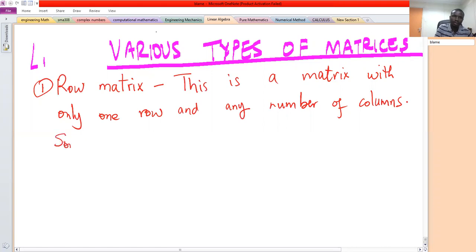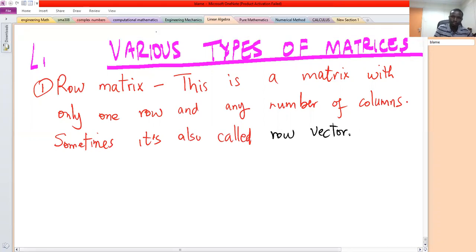Sometimes it's also called a row vector. So that's the definition of a row matrix.